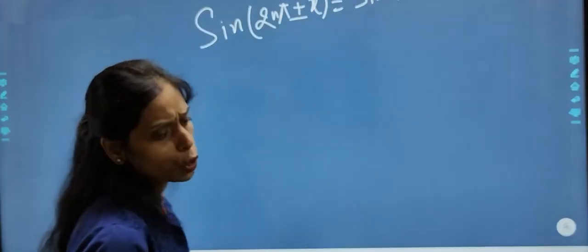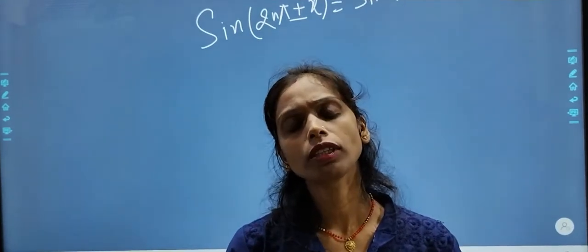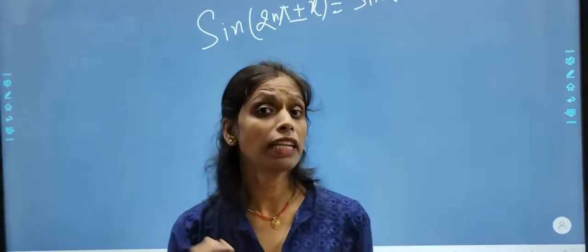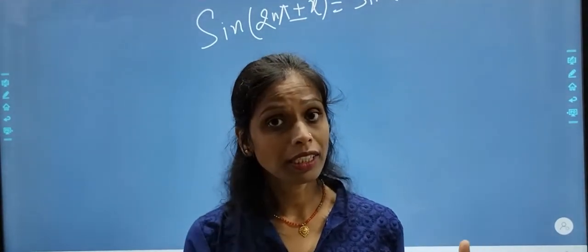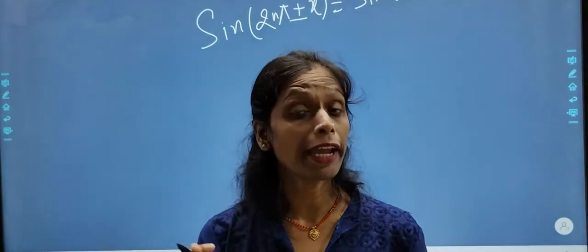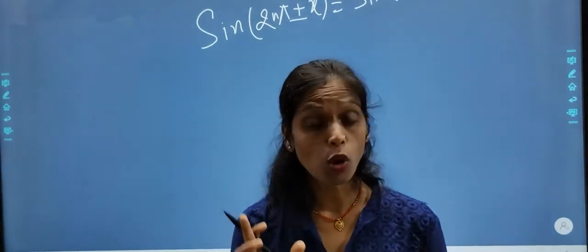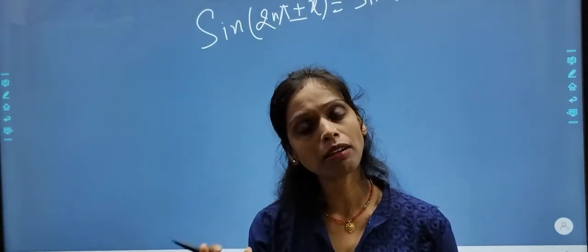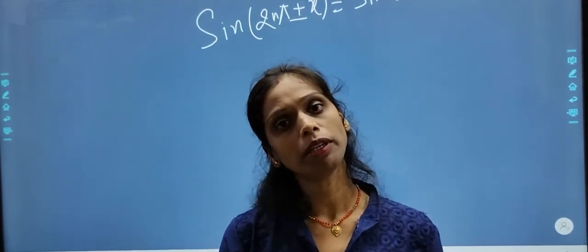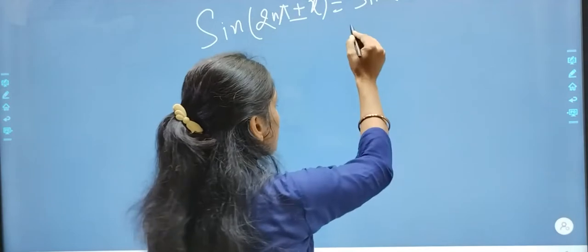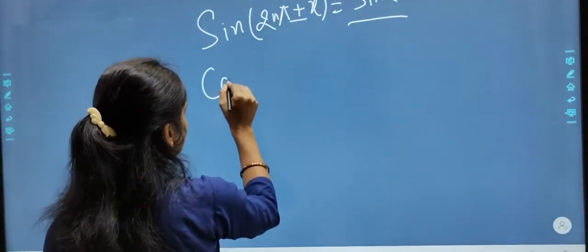Means if you are going to deal with any triangle, any theta in the term of 2n pi plus theta, then plus or minus, every time the sign of the sin theta will be positive. This is also an important formula, always keep it in your mind.